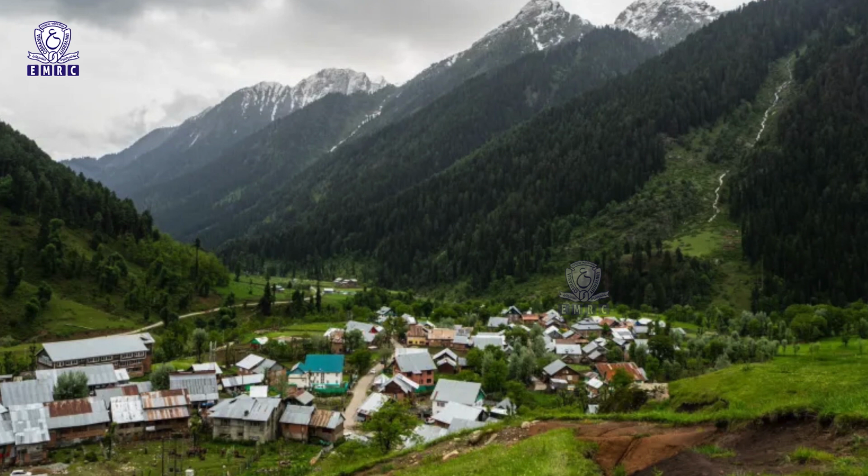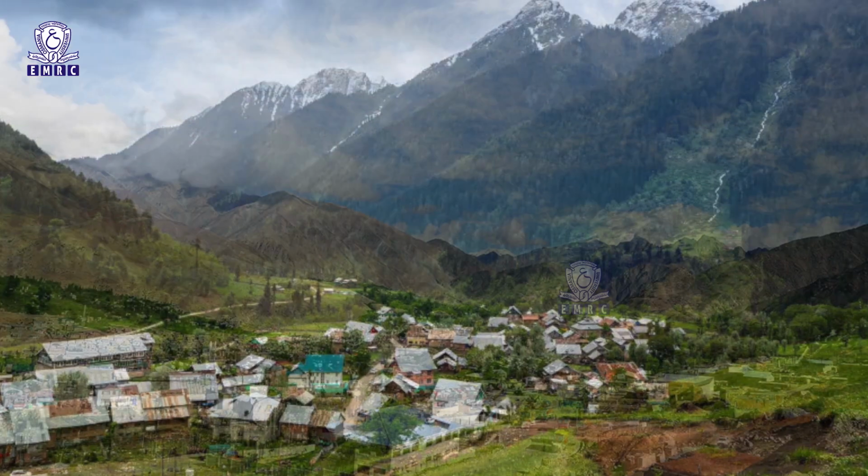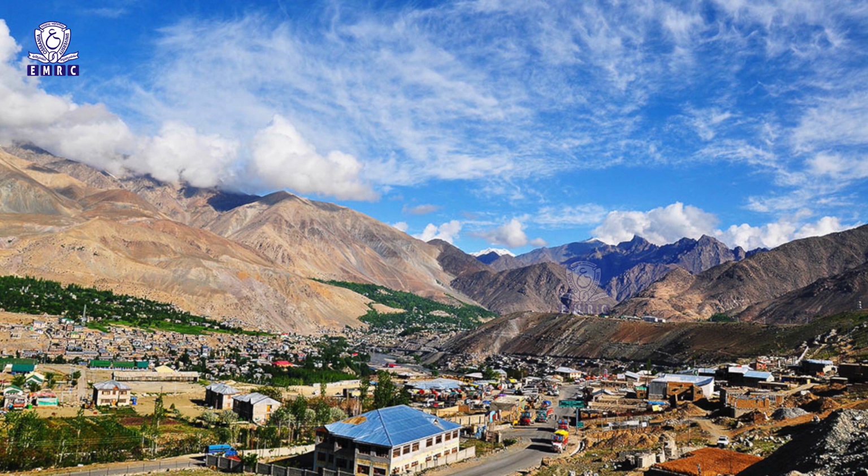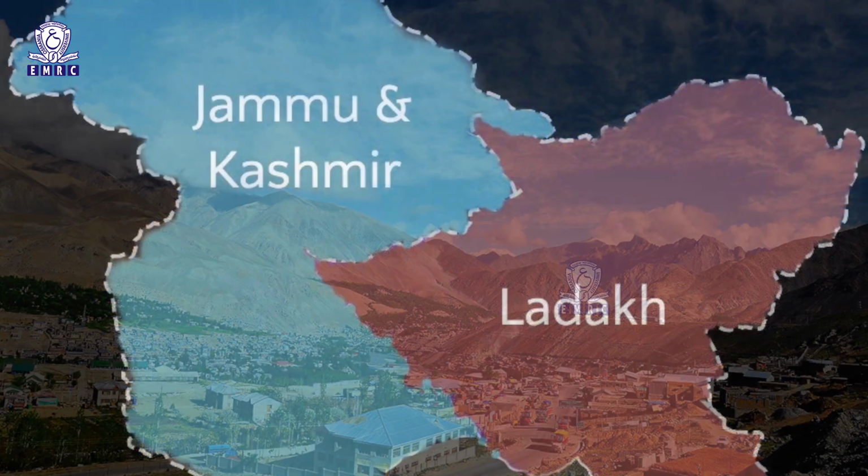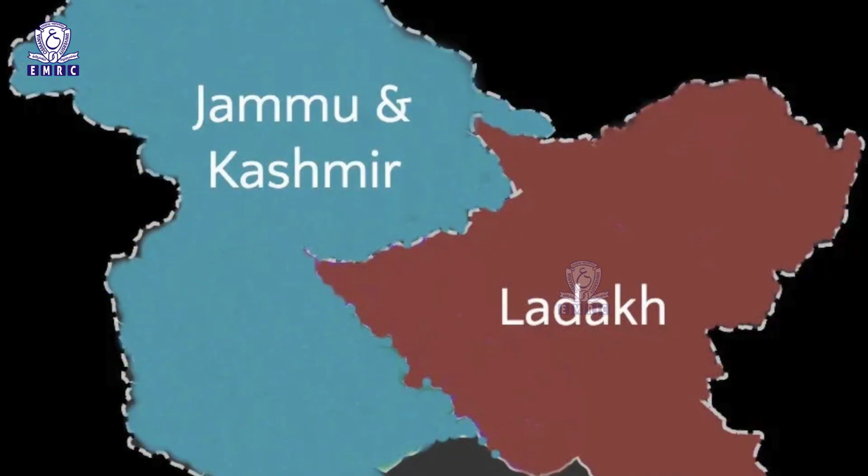Large stretches of Leh and Kargil have a population density of less than 10 persons per square kilometer. On the whole, Kargil has a population density of 10 persons per square kilometer, while Leh, Ladakh has only 3. These are dry and cold areas and badly lack the basic amenities of life.